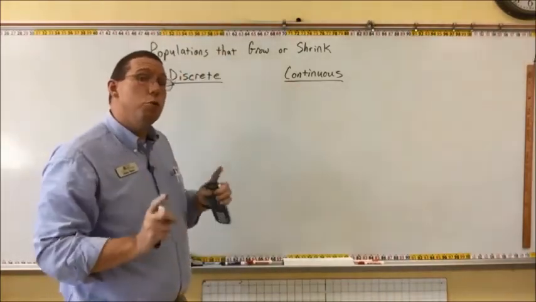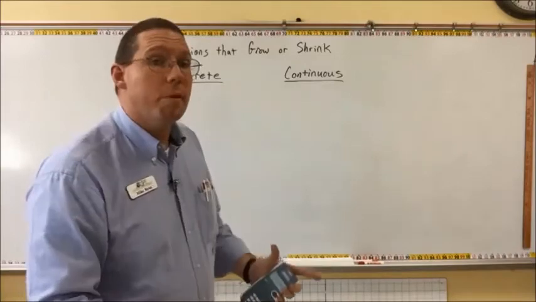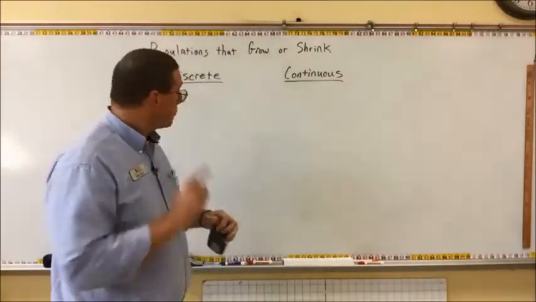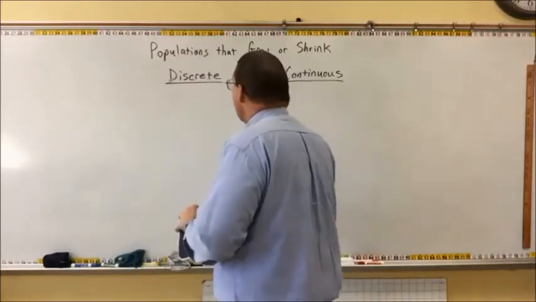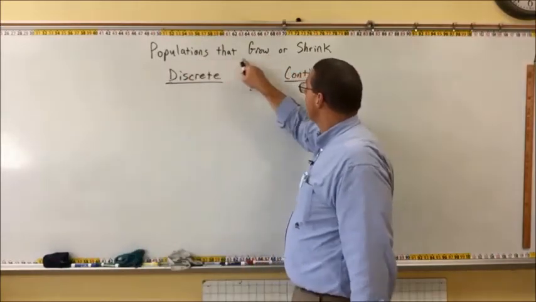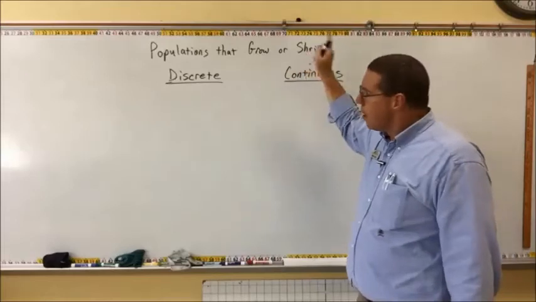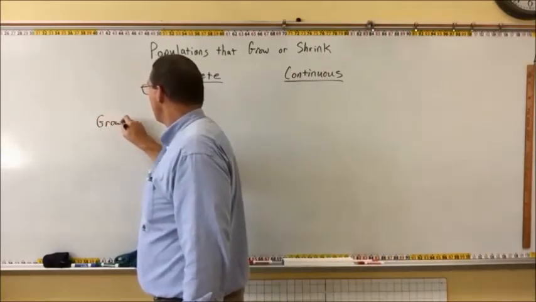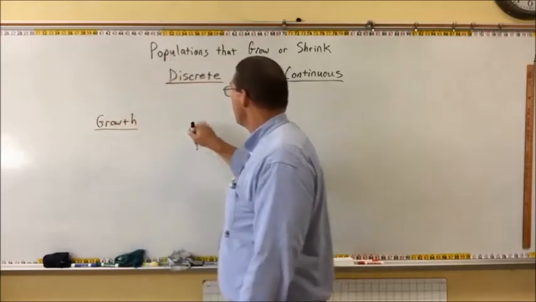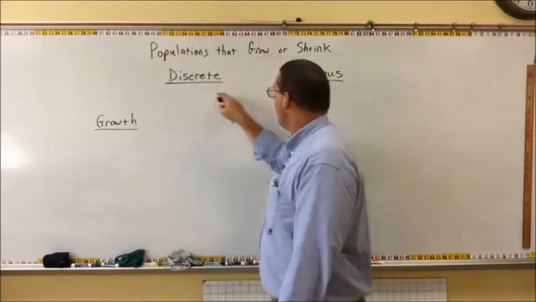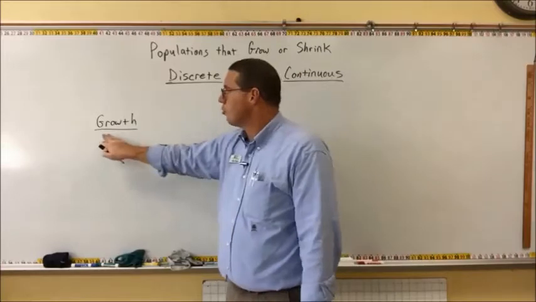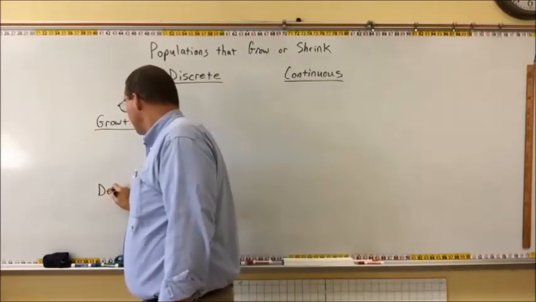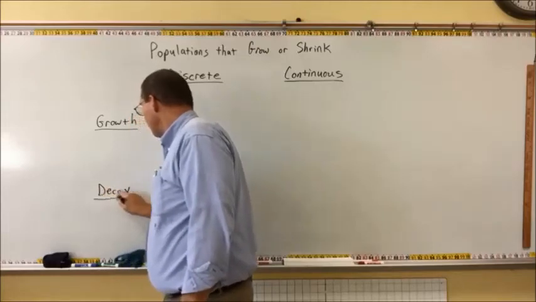So we have 2 different formulas for discrete growth versus continuous growth. Also, remember I said that we have populations that grow or shrink? When a population grows, it's called a growth formula. So we can have discrete growth, and we can also have continuous growth. We also have what are called decay formulas.